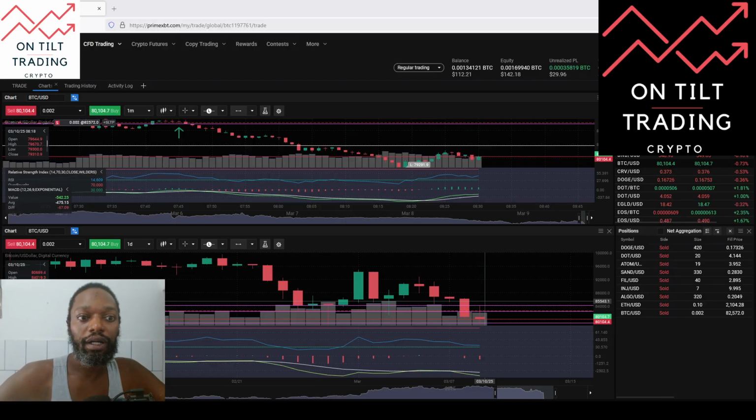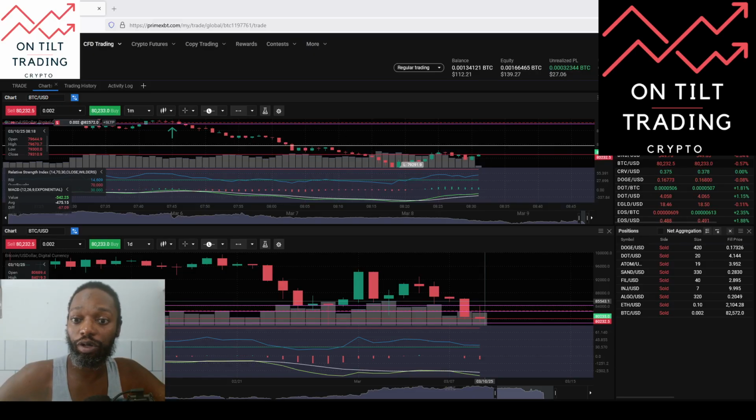If the currency pair has an RSI of 50 or greater, then I'm only looking for longs in that scenario for that day. So even if it sells off from trading well, I'm just watching it, waiting for an opportunity.